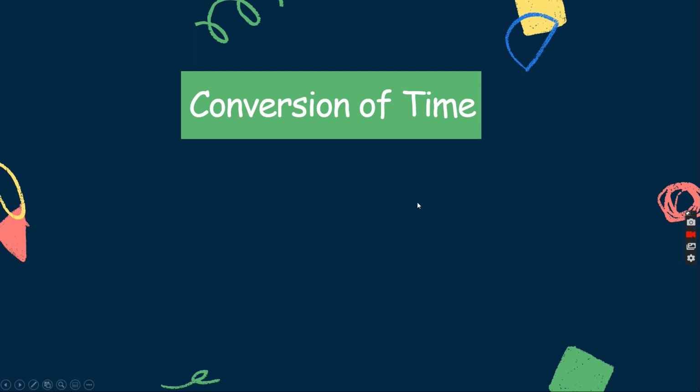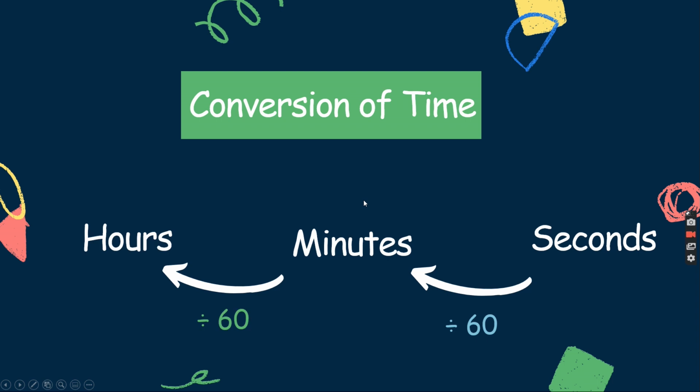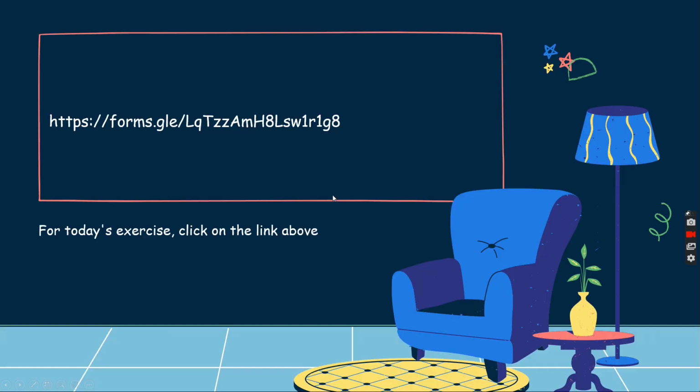Quick recap on the conversion of time: if you want to convert from seconds to minutes, we just divide by 60, and if you want to convert from minutes to hours, we just divide by 60. Today's lesson is pretty straightforward. You just need to do it quickly and slowly and step by step.